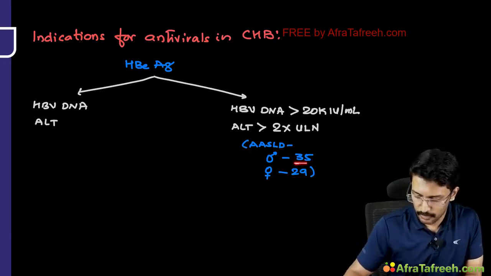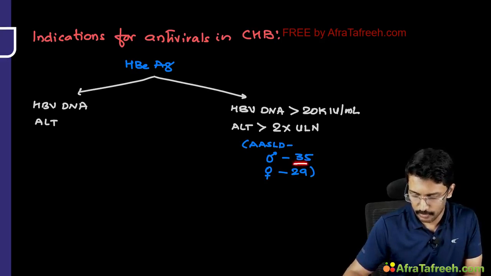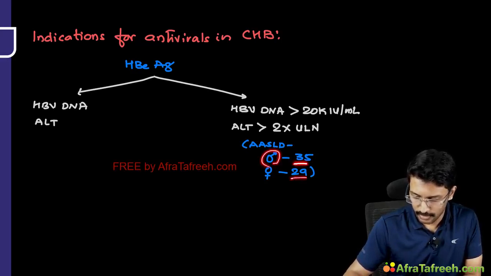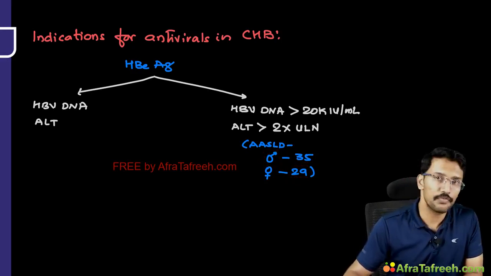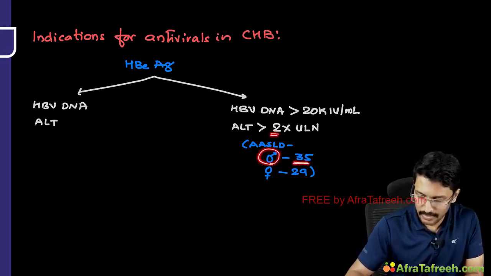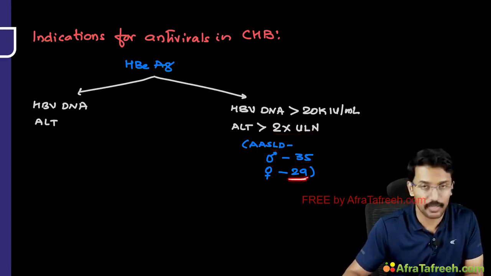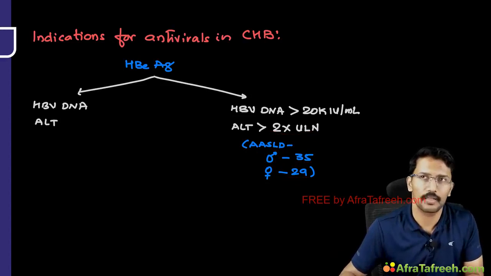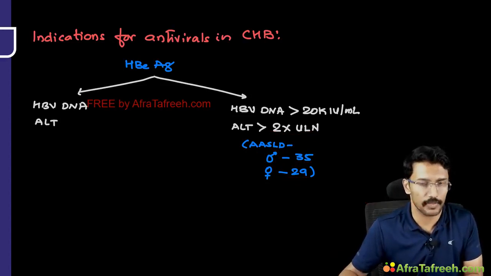So when I say 2 times the upper limit of normal, if it is a male, 70 or more would satisfy. If it is a female, 29 into 2, that will be 58 if my mathematics is right.